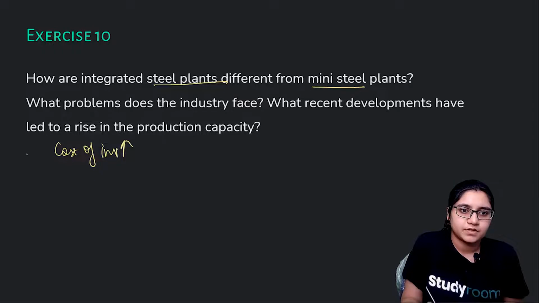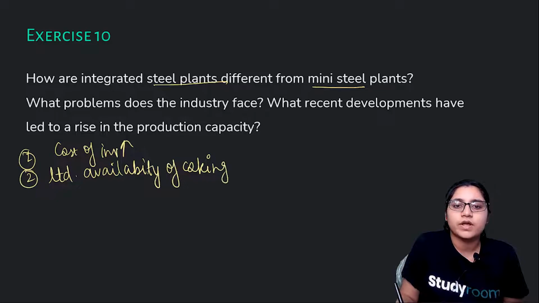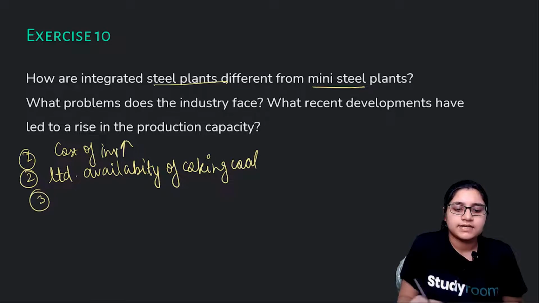Second, limited availability of coking coal, because we have already discussed coking coal is burned to produce heat and is used in smelting of iron.